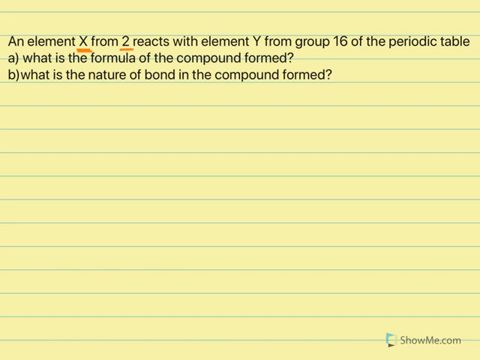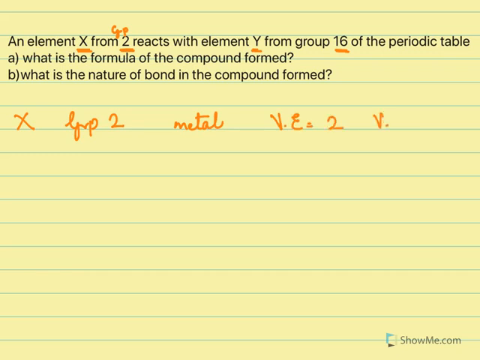An element X from group 2 reacts with element Y from group 16 of the periodic table. What is the formula of its compound formed? So, let us first see X belongs to group 2, and if group 2, it must be a metal, and therefore the valency must be having 2 valence electrons.